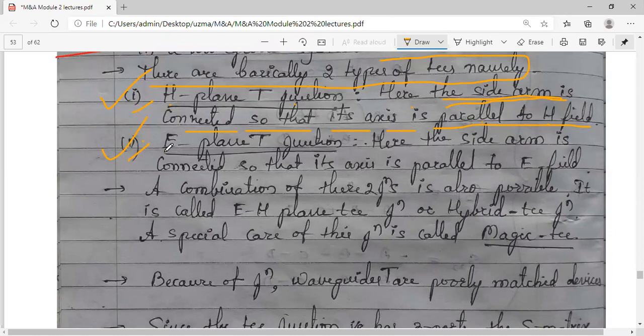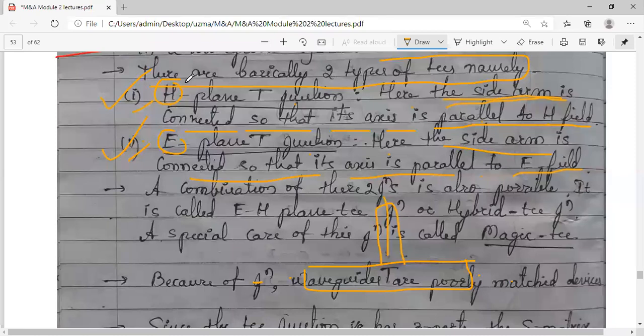Similarly, the second type is the E-plane T-junction. So what happens in the E-plane? Here the side arm is connected in such a way that its axis is parallel to the E field. That's why it is called H and E. Of the two sections of waveguide, the third waveguide connecting in the form of the alphabet T is called the side arm.